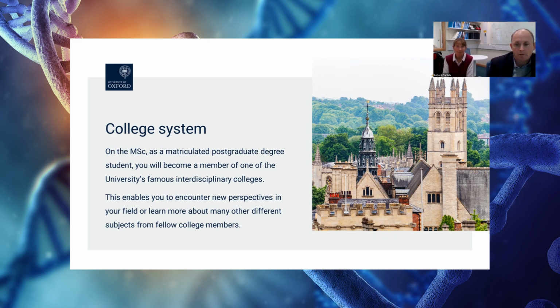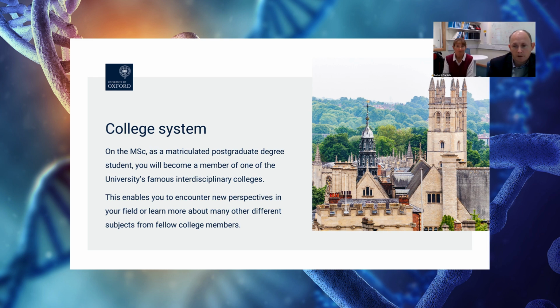Now, if you're not familiar with Oxford or Cambridge, you may not know too much about the college system, so it's probably just worth touching on this. It can seem a bit hard to understand and a bit unusual. So just to give some clarity, on the MSc, you will be what we call a matriculated postgraduate student. And that means that you'll become a member of one of the university's famous interdisciplinary colleges.